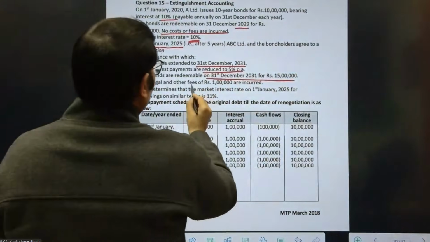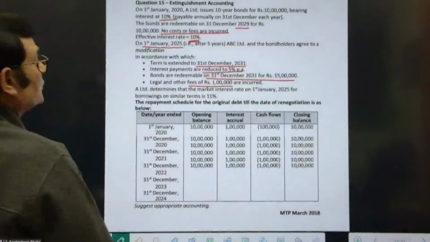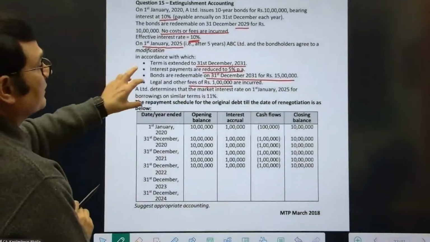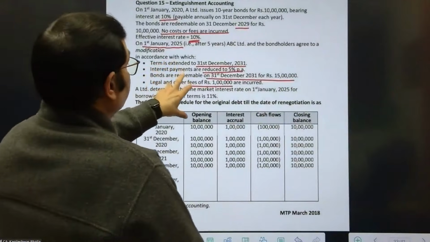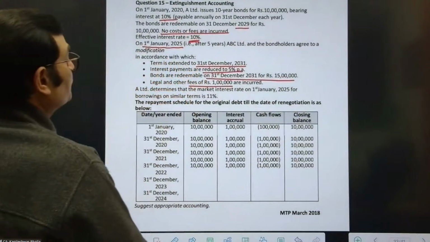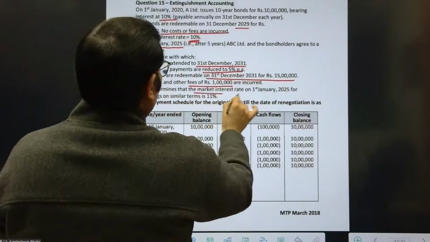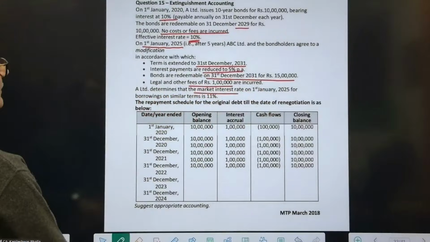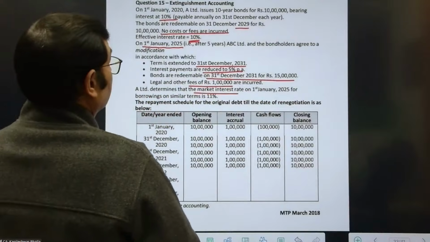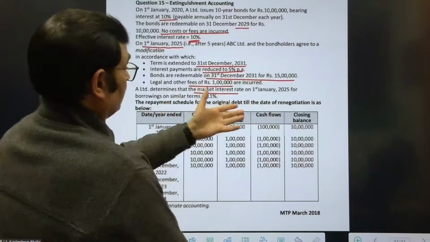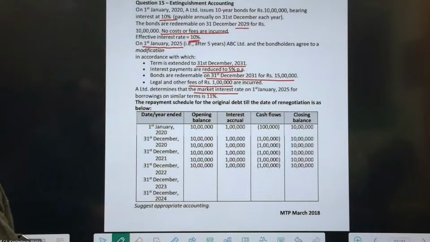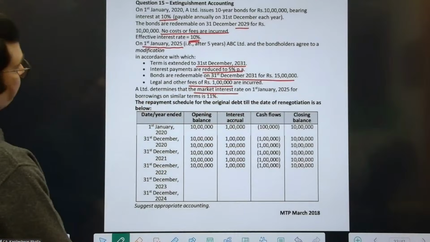There are legal fees which are also paid. So the tenure got extended by another 2 years, the interest rate has undergone a change, and there is a TC. A determines that the market rate on January 25, that is on the date of modification, is 11%. And this is the repayment schedule which is given to us.